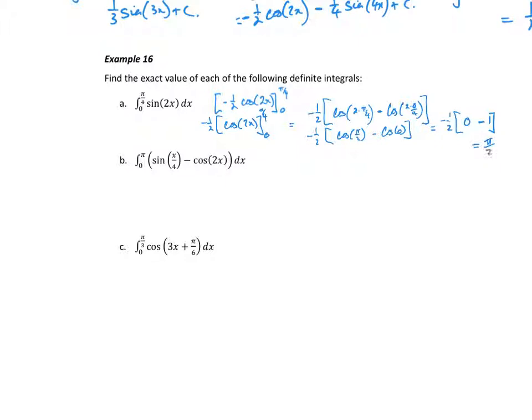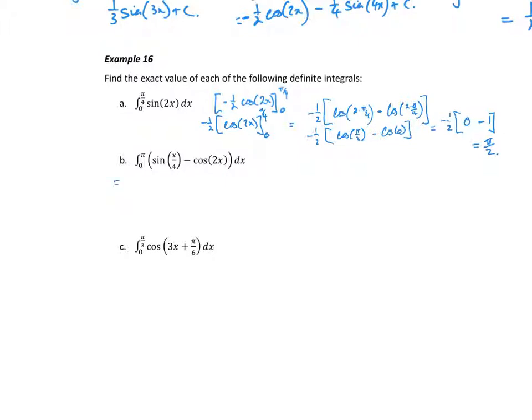So I get a half as an answer. So just be careful with your angles, and again, integration is a great way for examiners to check to see if you know your exact values, just to give you a trig expression and work out that integral.